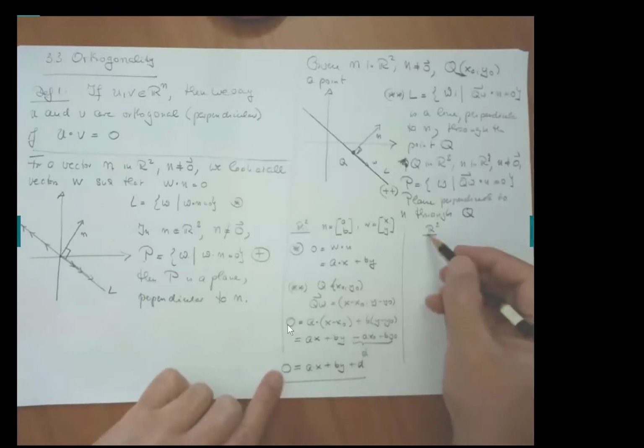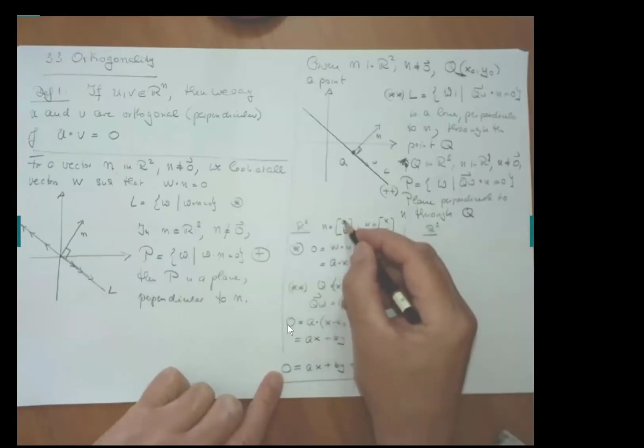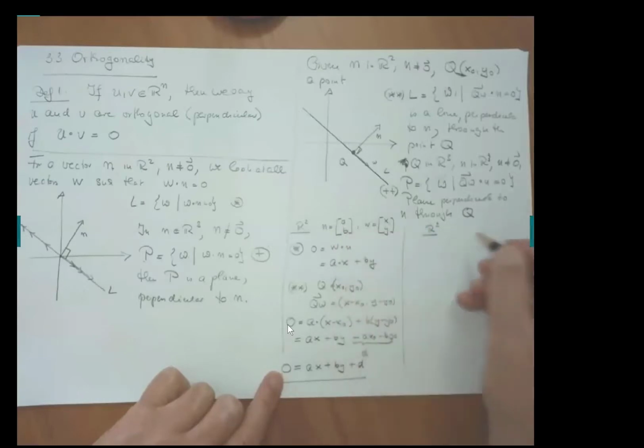Now we do the same thing in 3 dimensions. Here, my normal vector actually has 3 components. Again, it should not be the 0 vector, so A, B, C, at least one of them has to be non-zero.